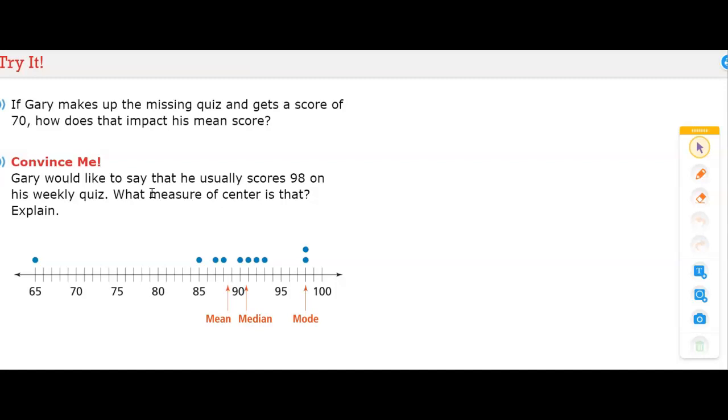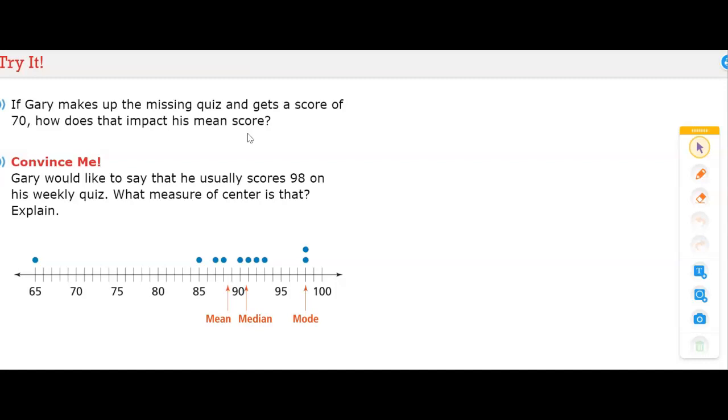So if he makes up that missing quiz, instead of a 0, he now has a score of a 70 to replace it with. So now he replaces the 0 with the 70. You add up all of the scores of his tests again and divide by 11, and the new mean, including that missing quiz, would be 80 6/10.